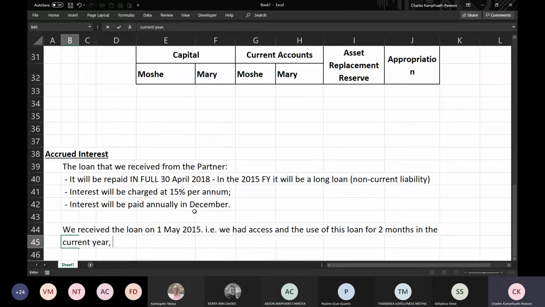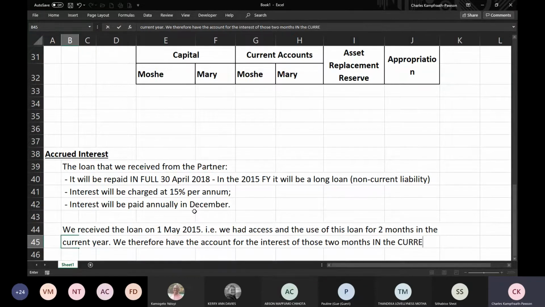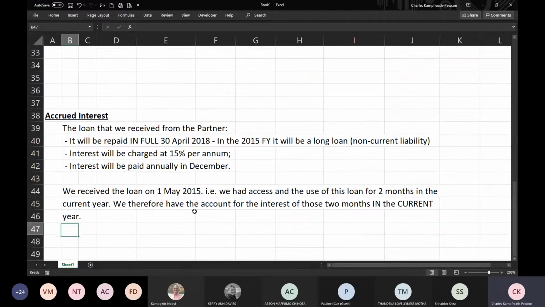We therefore have to account for the interest of those 2 months in the current year. And that will be accrued interest.